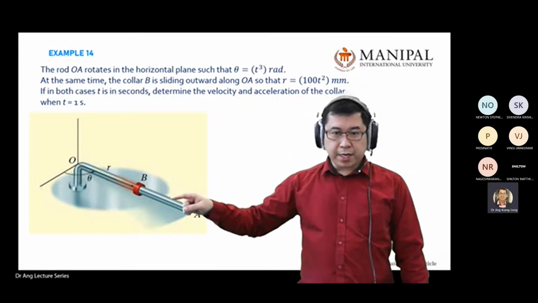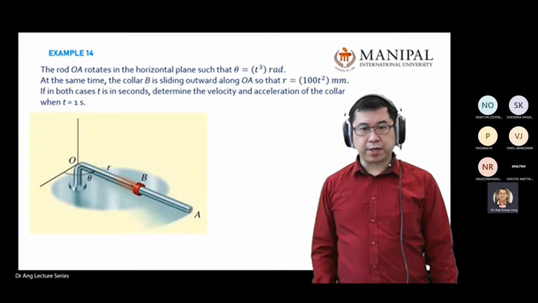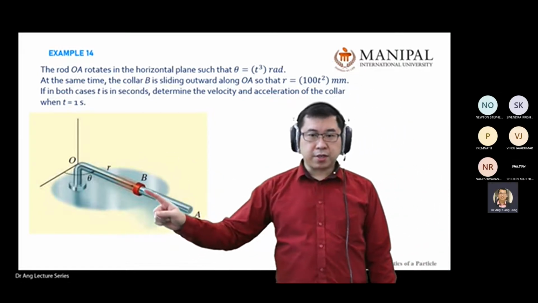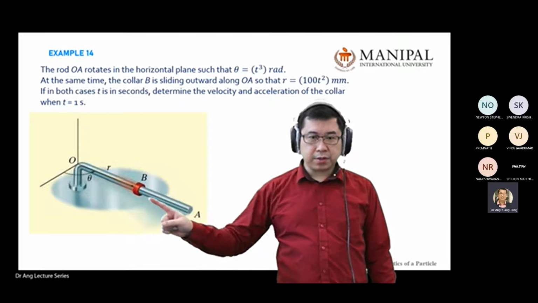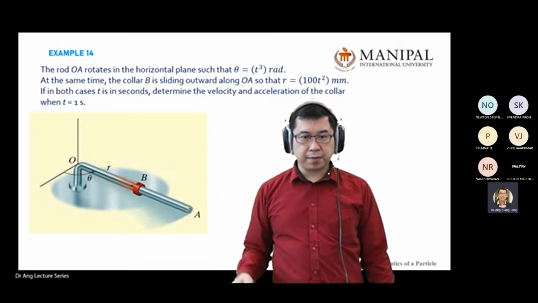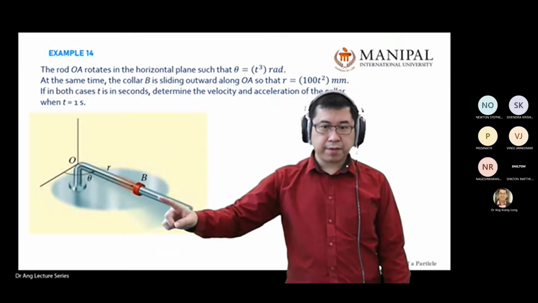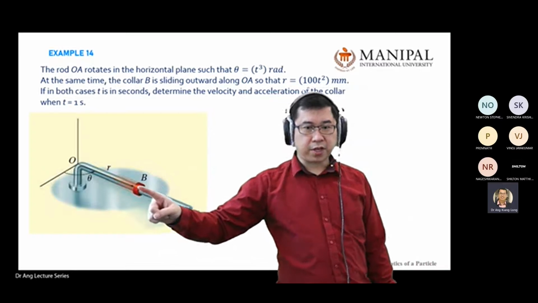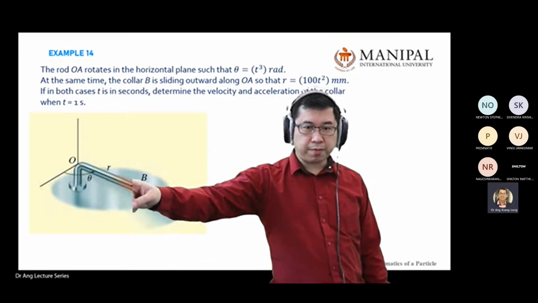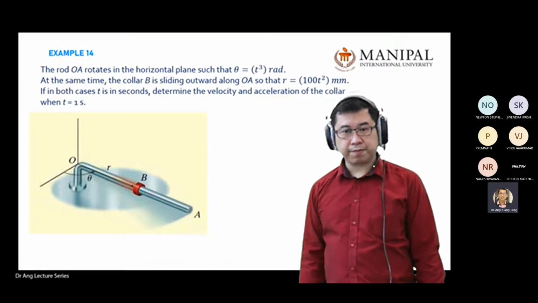So you have the bar OA rotating in the anti-clockwise direction, and there is a ring on the bar here, which is labeled as B, and as the rod is rotating, because of inertia, B moves from the O to this location, or it can even slide further.